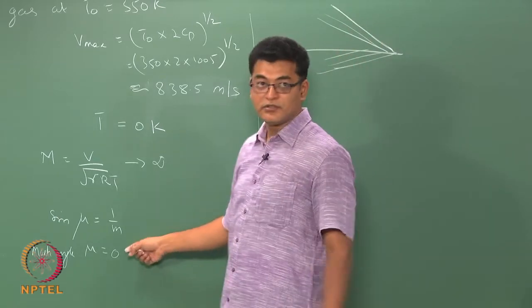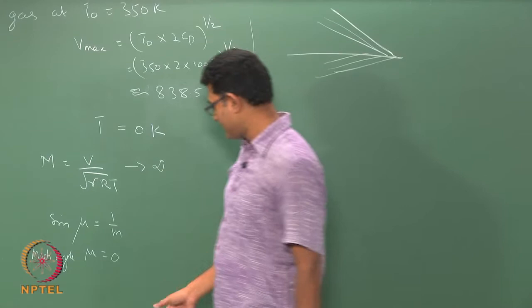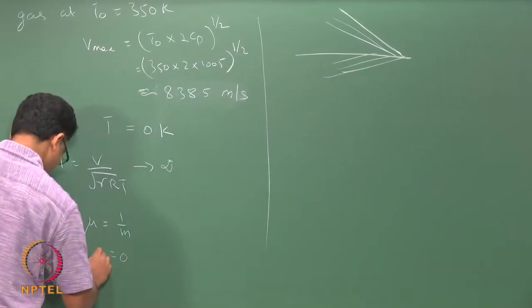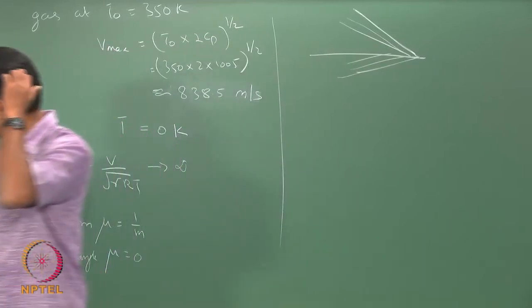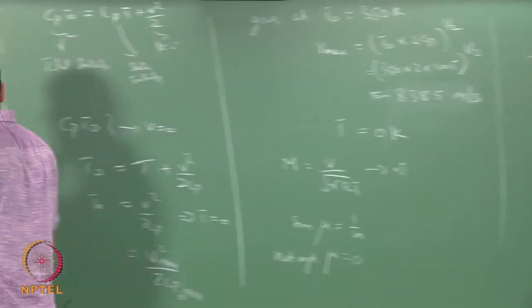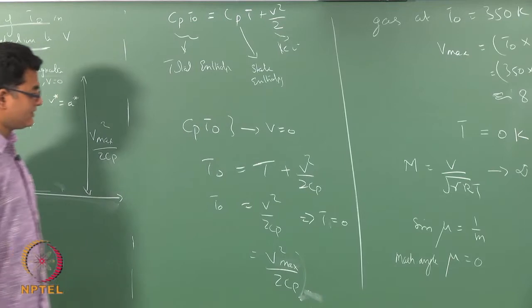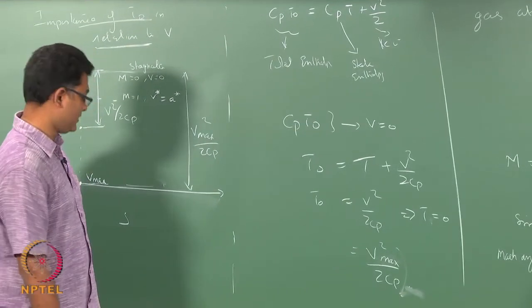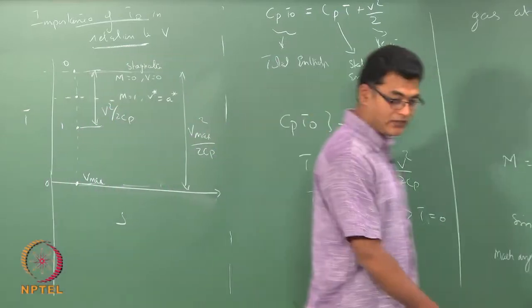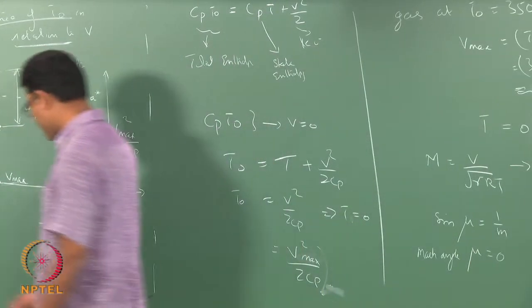At m equals infinity, your mu is very small. Okay. Now, if that is the case, what would be the P0? I want to draw this in your PV diagram too. What would be the P0?